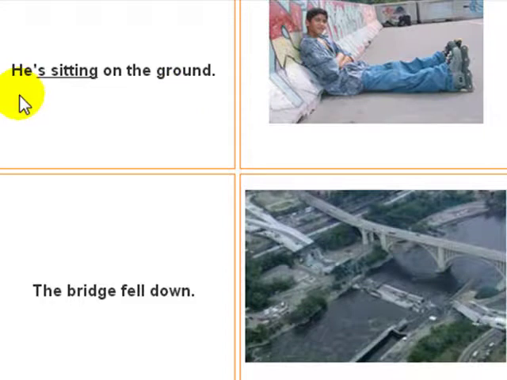Okay, he is sitting. In this case, sitting is a verb, because it takes an action. He is the subject. The bridge fell down. The bridge is the subject, fell is the verb.